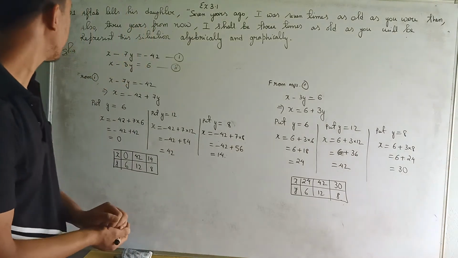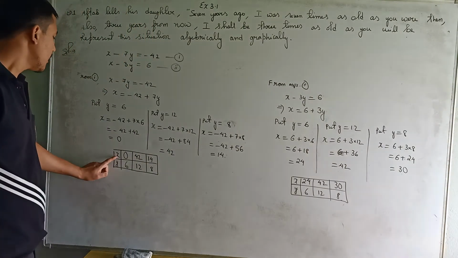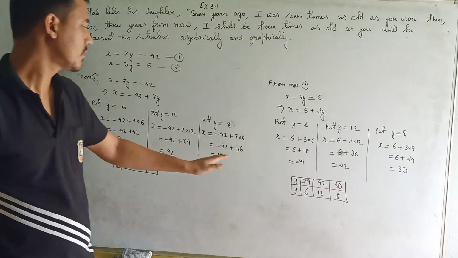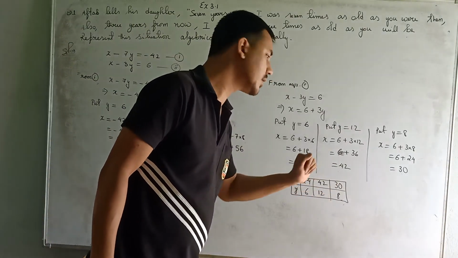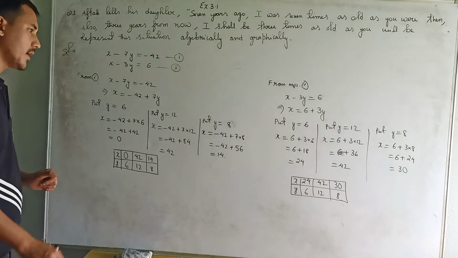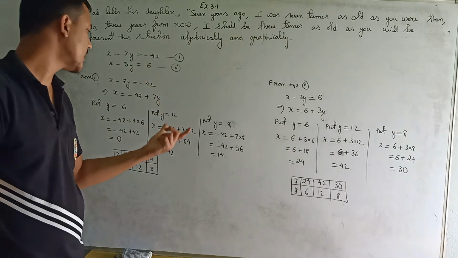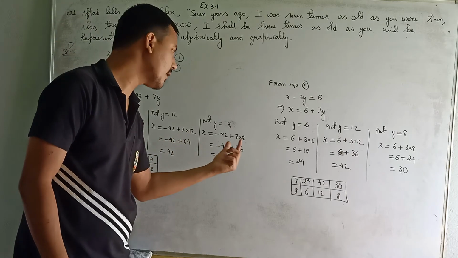Now look at the range. Here the values of x are 0, 14, 42 and 24, 42, 30. So for the x-axis, you can take the scale as 1 centimeter equal to maybe 5 units.